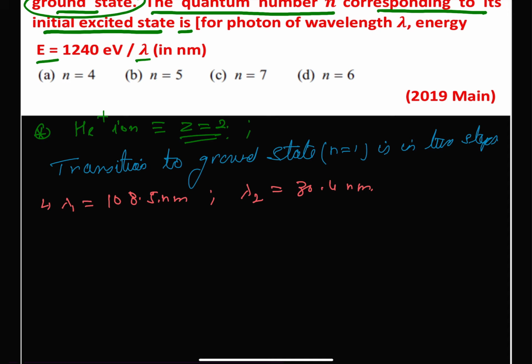So therefore we can find that the total energy emitted, basic energy formula is given to us, that is E is equal to 1240 divided by lambda.